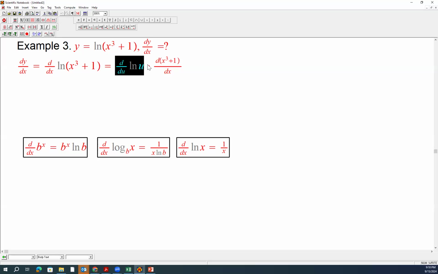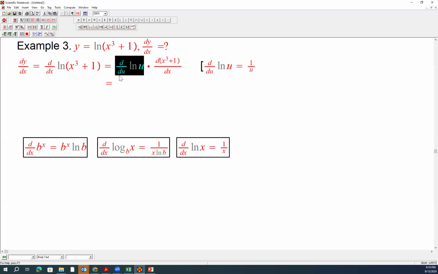And the derivative of ln u with respect to u, right? So we're going to apply that formula, except it is on u. If this were x, the result would be 1 over x, so here it is 1 over u.